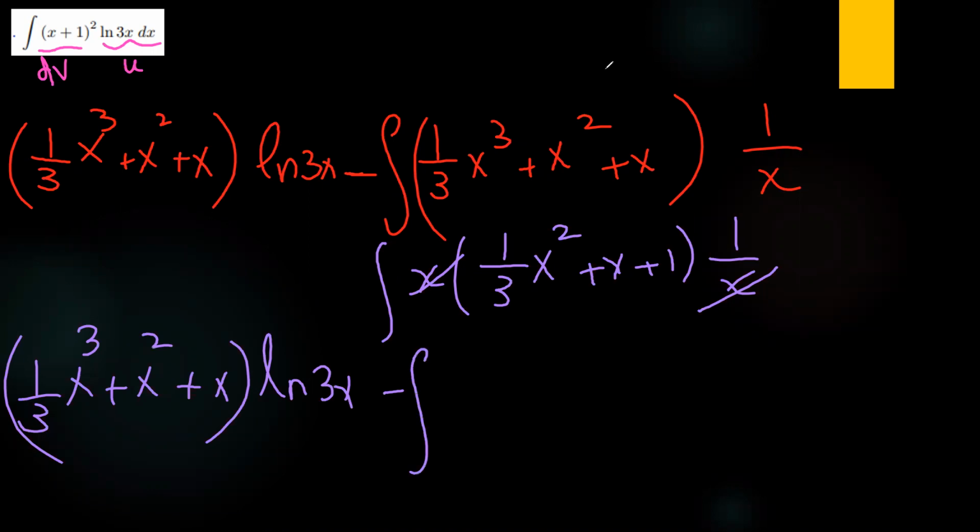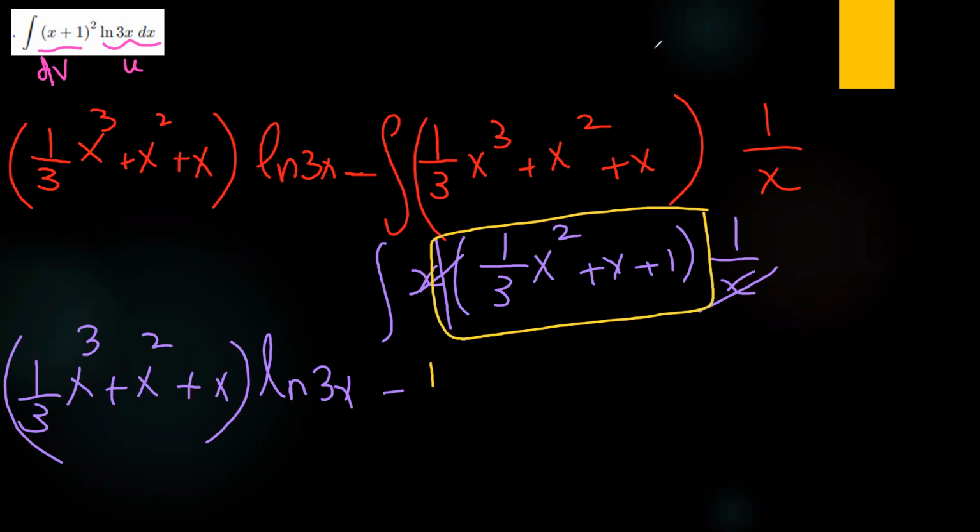I need now to find the integration of this part here, which is 1 over 3 times 1 over 3 x cubic plus x squared over 2 plus x plus c.